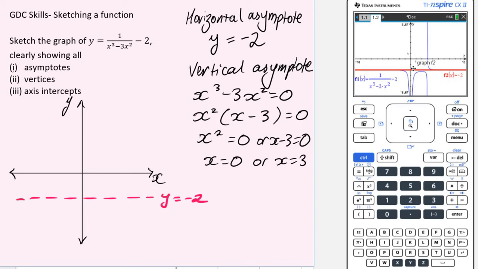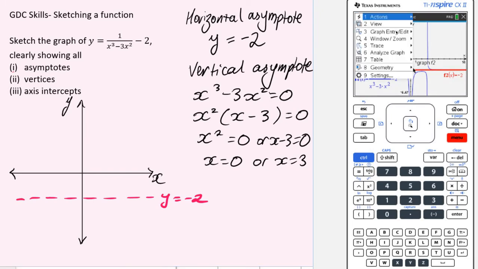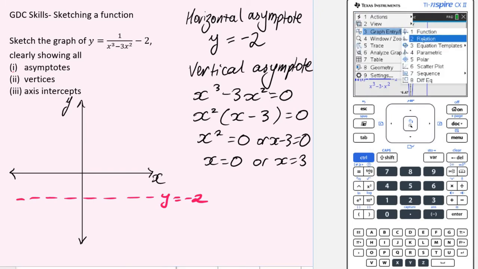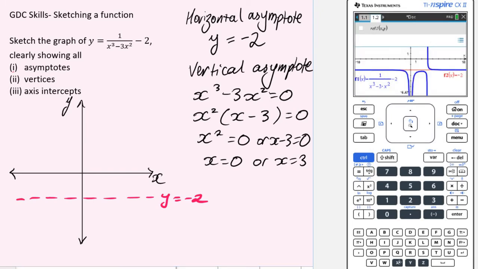Let's double check that on the GDC before we actually mark it onto the graph. If we go to menu and graph entry edit and change it to a relation, then we can type in x equals 0. Press tab and we can type in another one, x equals 3.